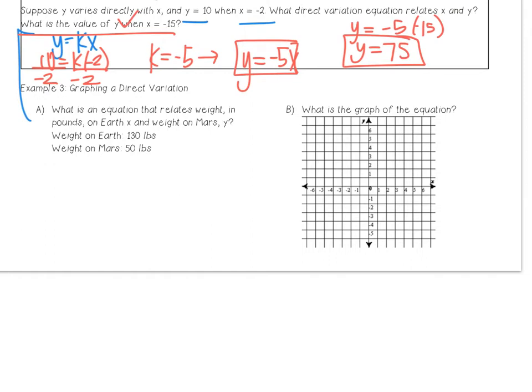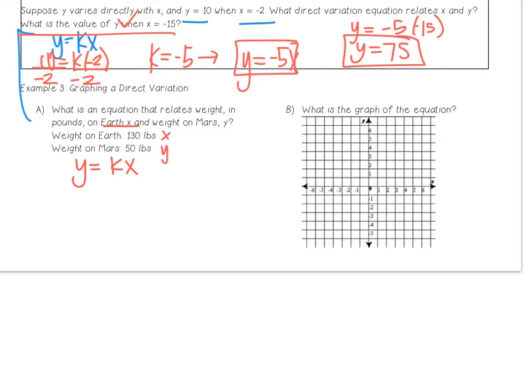Example 3, graphing a direct variation. They want an equation that relates weight in pounds on Earth and weight on Mars. So they don't tell you as much, but this is a direct variation. So your equation is going to be y equals kx. They do tell you that your weight on Earth is x and your weight on Mars is y.